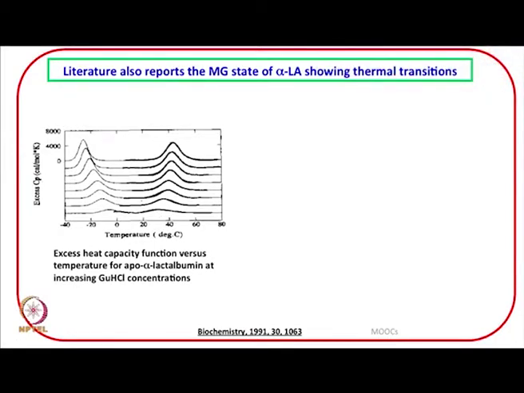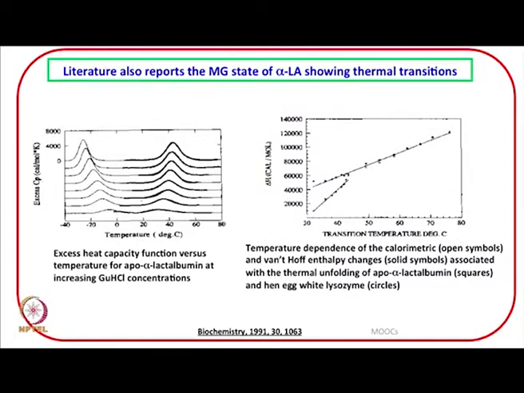They also studied the thermal unfolding of lysozyme along with alpha lactalbumin and made some general conclusions.